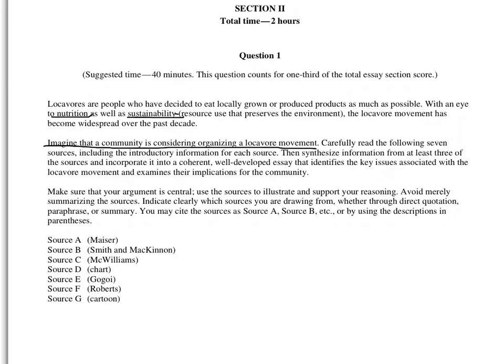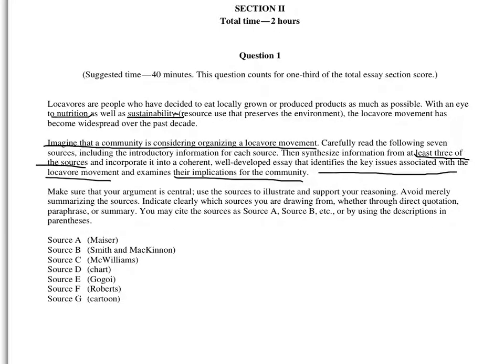Carefully read the following 7 sources, including the introductory information for each source. Then synthesise information from at least 3 of the sources and incorporate it into a coherent, well-developed essay that identifies the key issues associated with the locavore movement and examines their implications for the community.